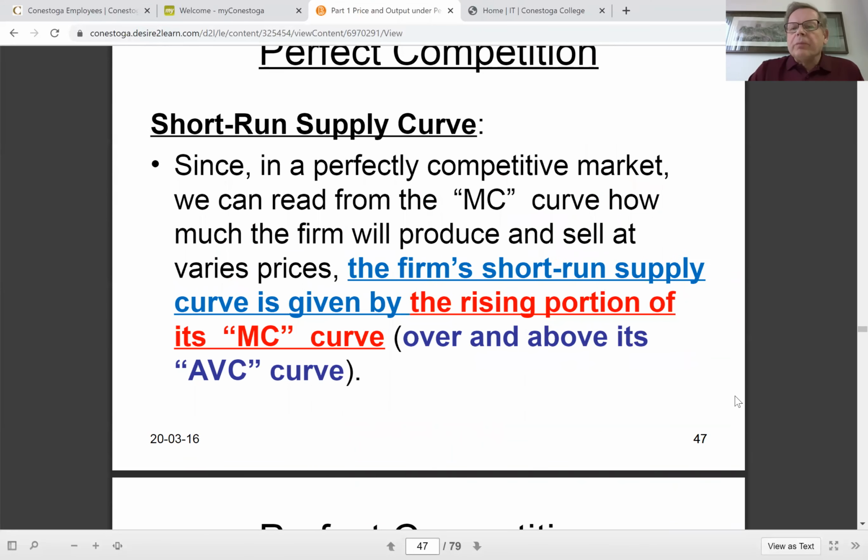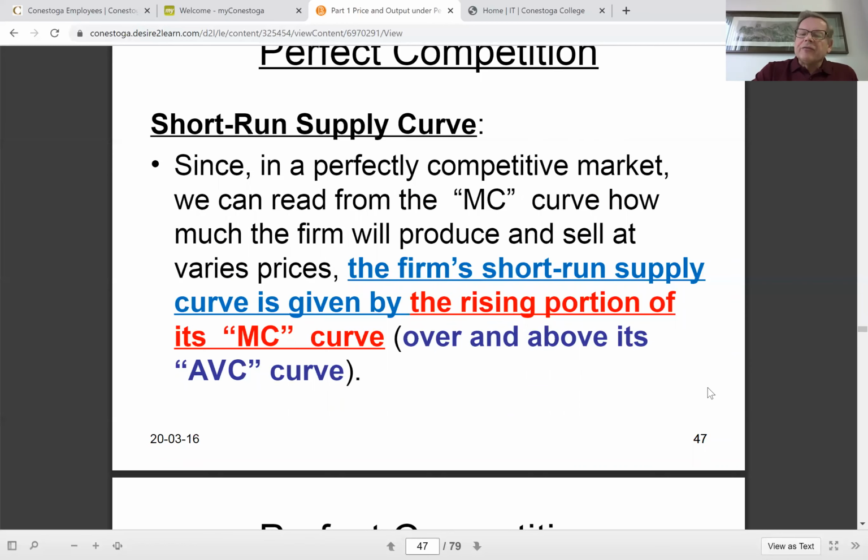The short-run supply curve. If we know what our marginal revenue curve and our marginal cost curve look like, then we also know what our supply curve looks like. Since in the perfectly competitive market, we can read from the marginal cost curve how much the firm will produce and sell at various prices.